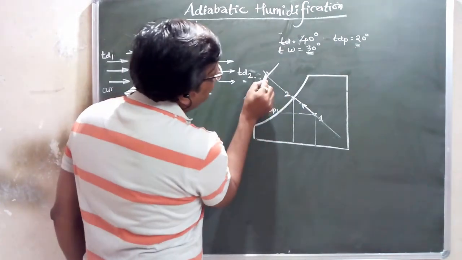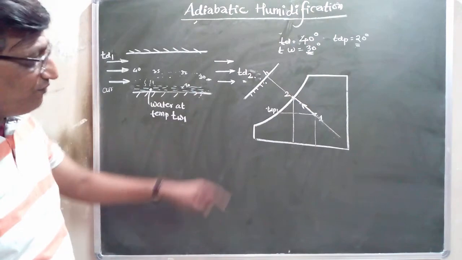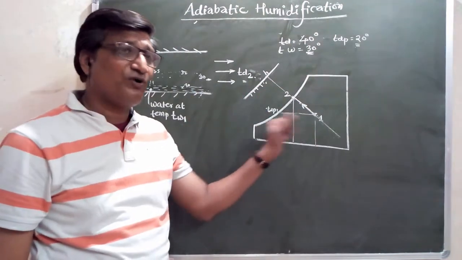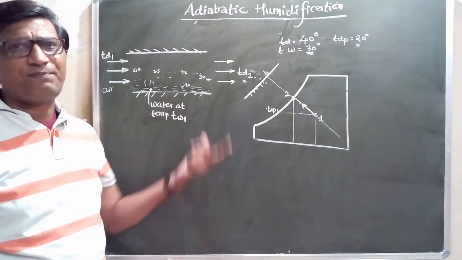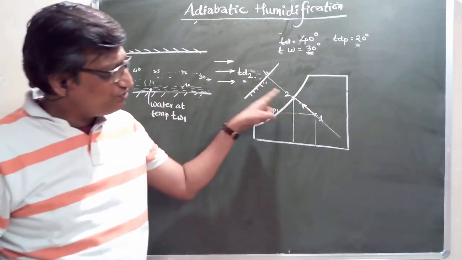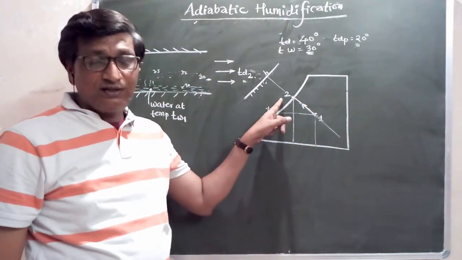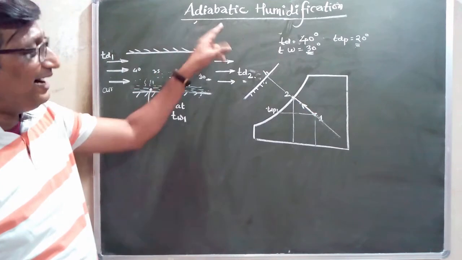So the enthalpy of point 2 is equal to the enthalpy of point 1, meaning the enthalpy is not going to change. At constant pressure, enthalpy represents the heat, so the heat is not going to change from 1 to 2. That means it is an adiabatic process.